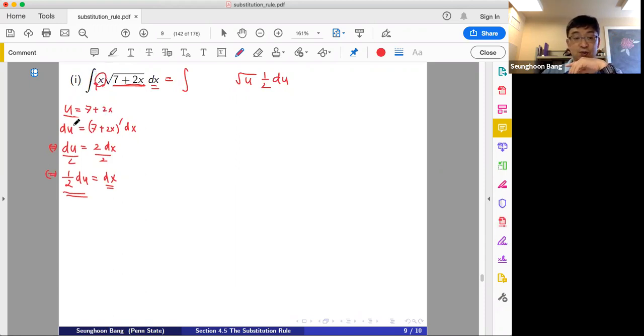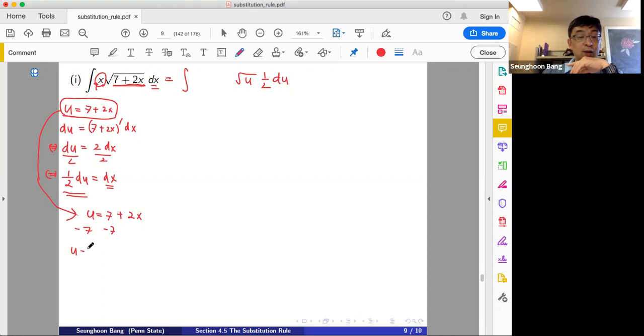You can use here the same original relation. The original relation is u equals 7 plus 2x. You can solve this equation for x. Subtract 7 from both sides.